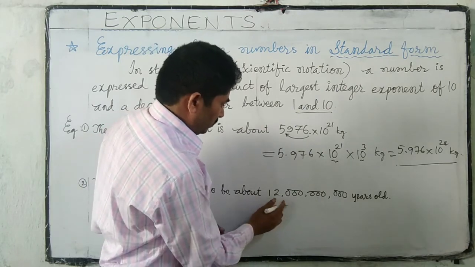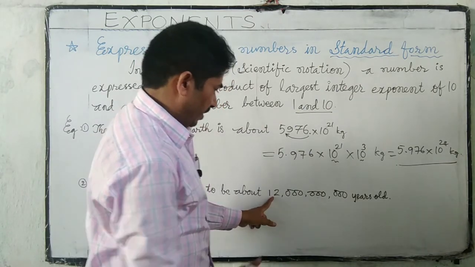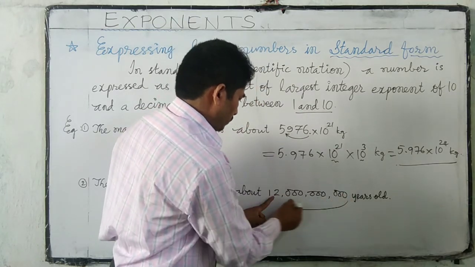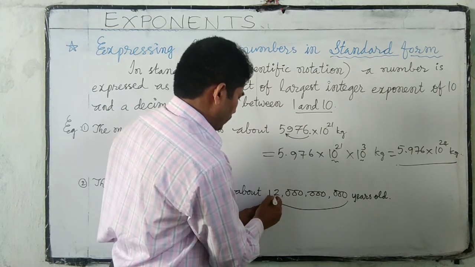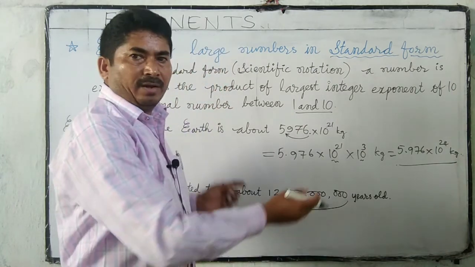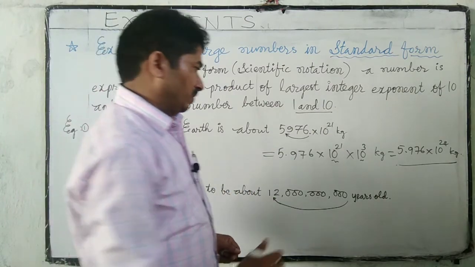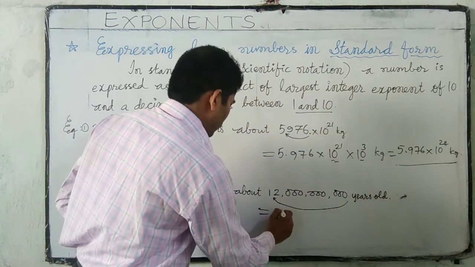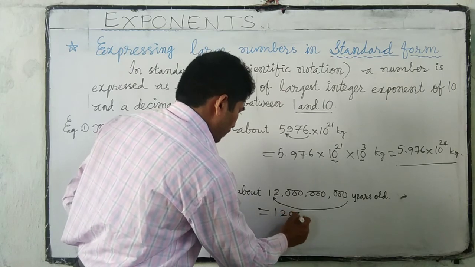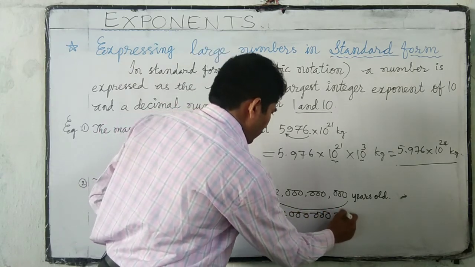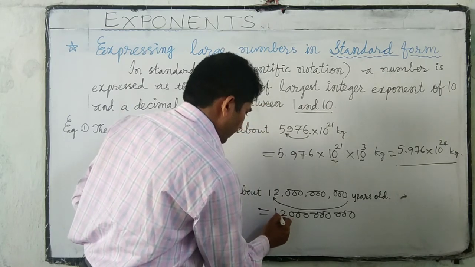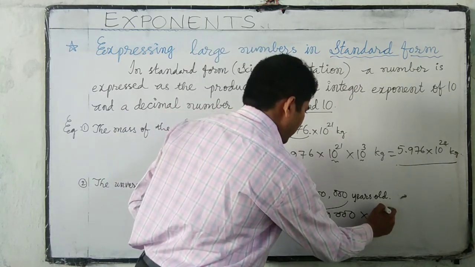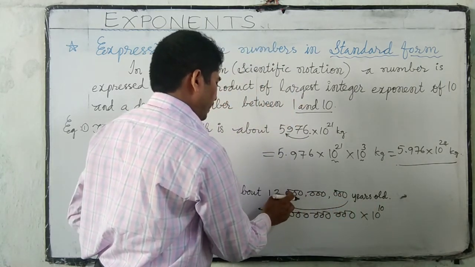So here 12. So we have to keep the decimal point here. 3 zeros, 6 zeros, 9 zeros, 10. We have to shift the decimal point to the left by 10 places. So that's why we have to multiply 1.2 into 10 to the power of 10. 1, 2, 3, 4, 5, 6, 7, 8, 9, 10.